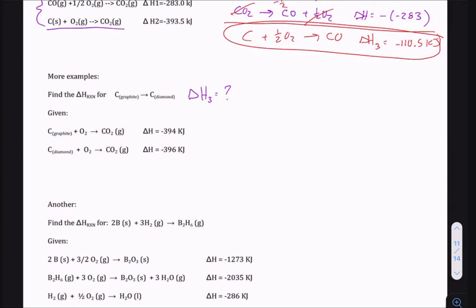In the equation that is desired right here, there is no O2 or CO2. That means both of those must cancel. So I need to combine these two, but before I combine them, I might need to manipulate one or both. What should I do in this case? Which equation should I alter?